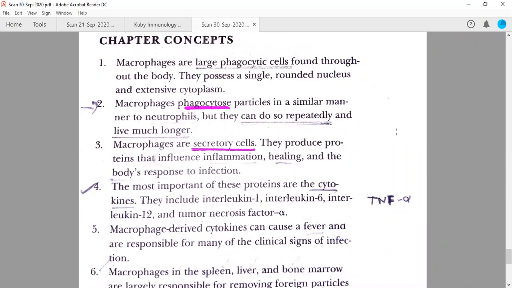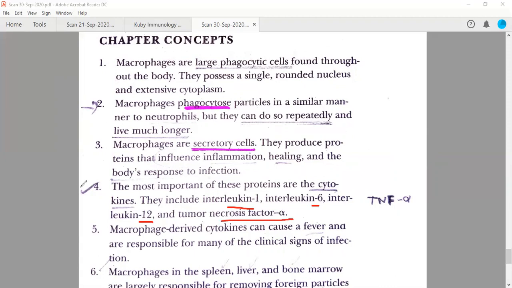So up to here we have discussed four major types of cytokines belonging to macrophages. These include interleukin 1, interleukin 6, and interleukin 12 along with tumor necrosis factor alpha, right?